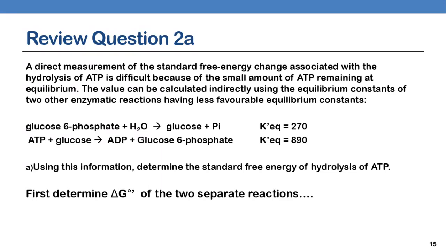We're given 2 reactions here: glucose 6-phosphate to glucose, and ATP plus glucose to glucose 6-phosphate, using ATP. We're given 2 equilibrium constants, and we're told this is less favorable, even though these equilibrium constants are quite high. So how do we determine the standard free energy of hydrolysis of ATP?